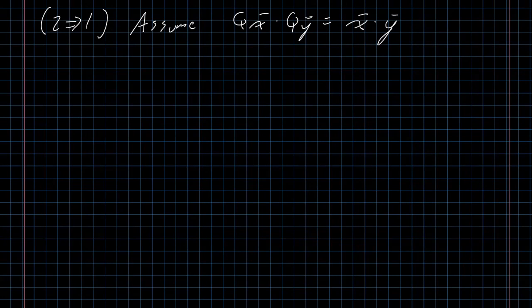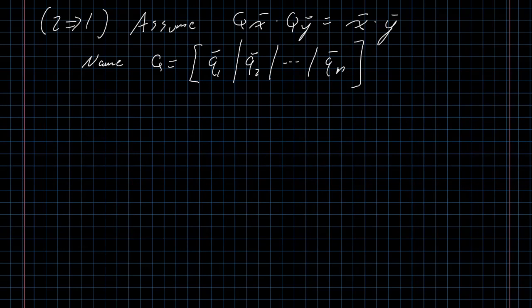Let's assume again that qx dot qy is equal to x dot y. Now let's name the columns of Q as little q1, little q2, down through to little qn.